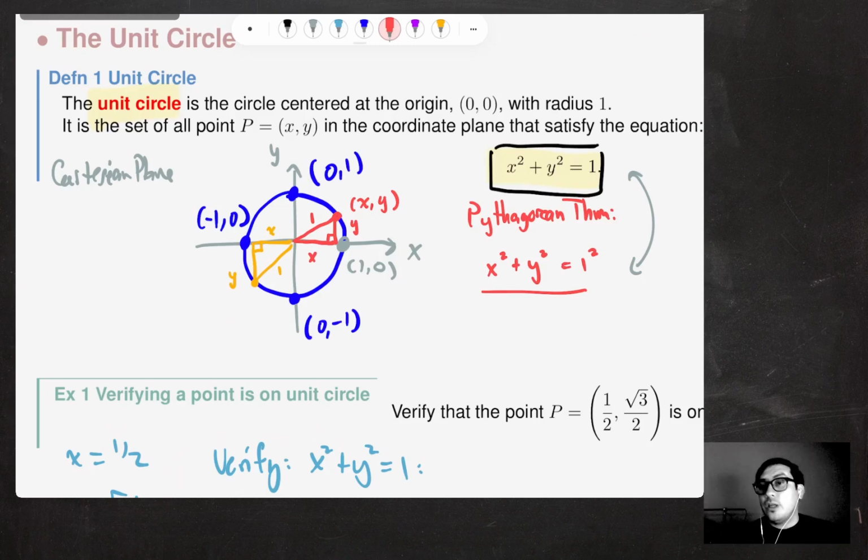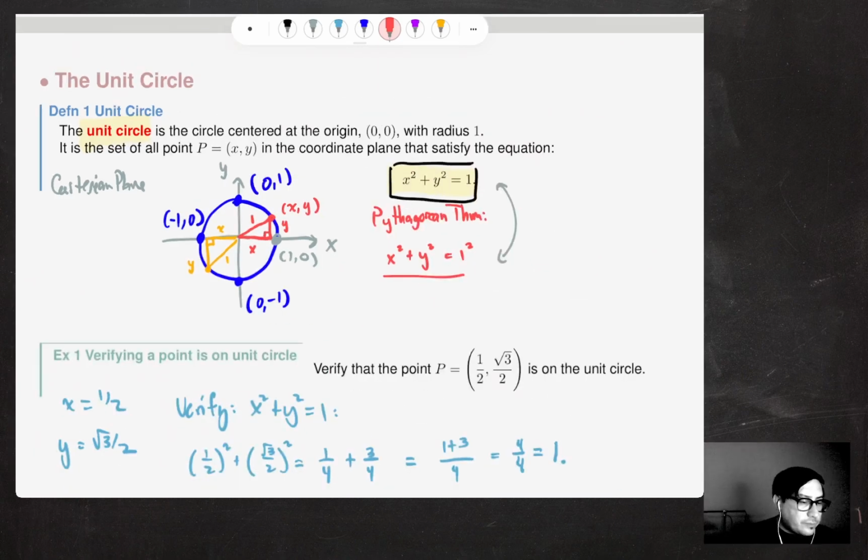And then because it's on the unit circle, the hypotenuse is actually length 1. Apply the Pythagorean theorem, and it tells us that x squared plus y squared is equal to 1 squared, which is exactly this equation. So that's why we think of this as the definition of the unit circle, because any point x, y, if it is on the circle, will have to satisfy that equation.